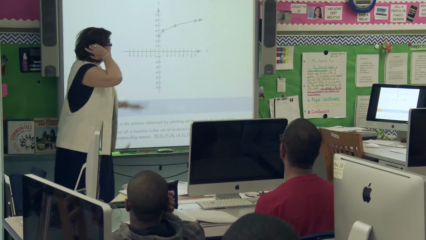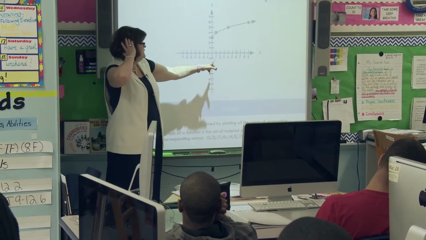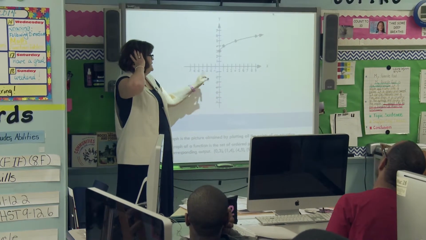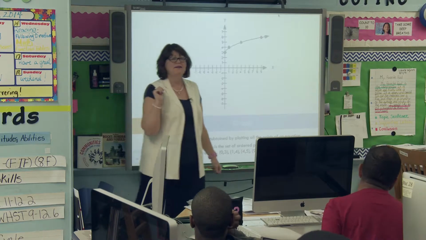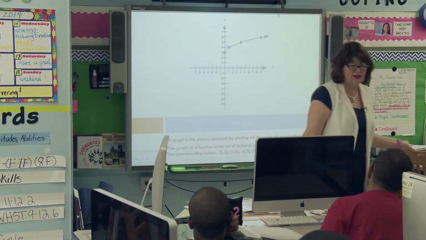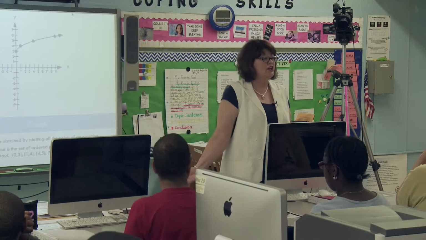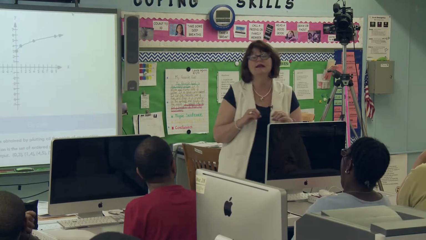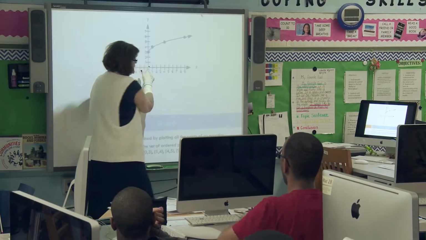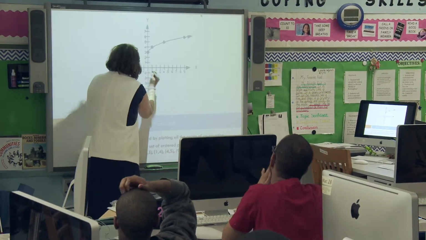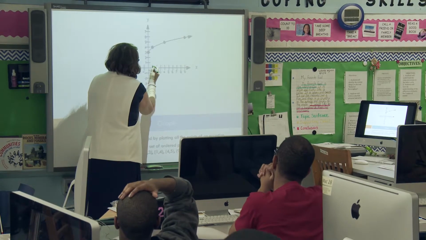Now, what I want you to notice about this graph is, what do you notice here and here? Those are negative numbers. Up there is positive numbers. Very good. That's the key. I want you to be aware: on the x-axis, everything here is 0, right smack dab in the middle.